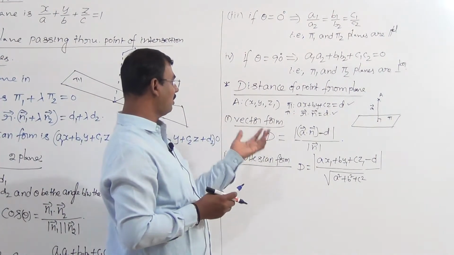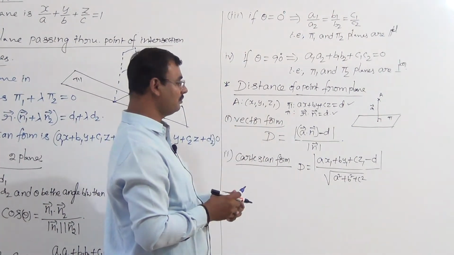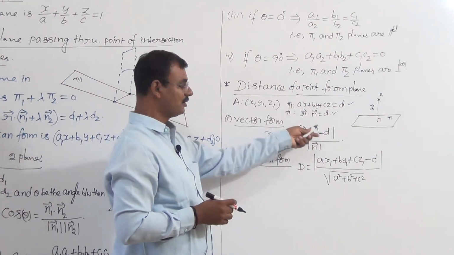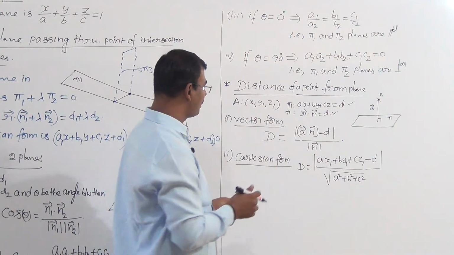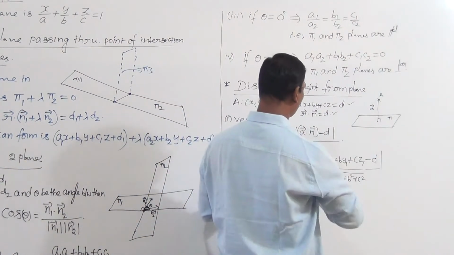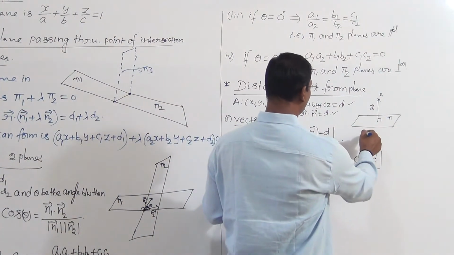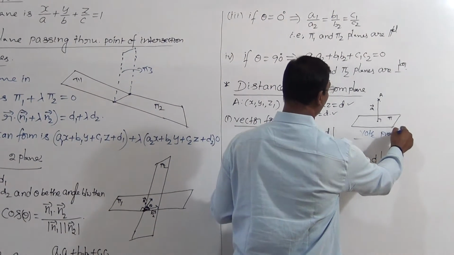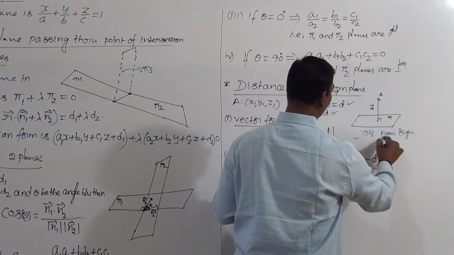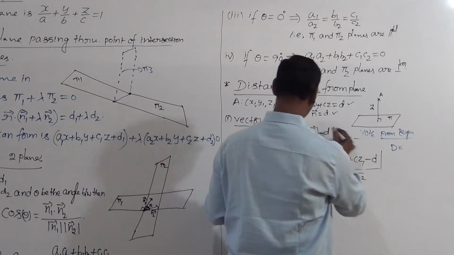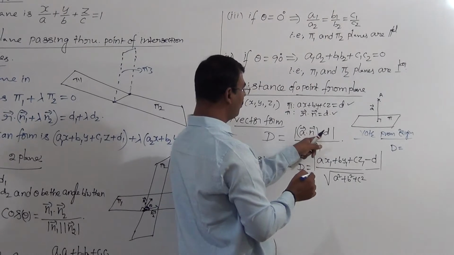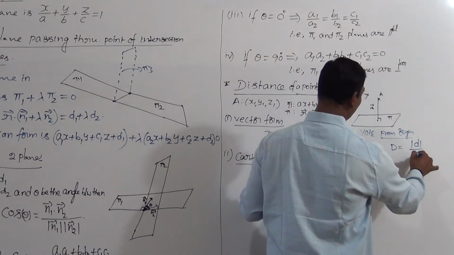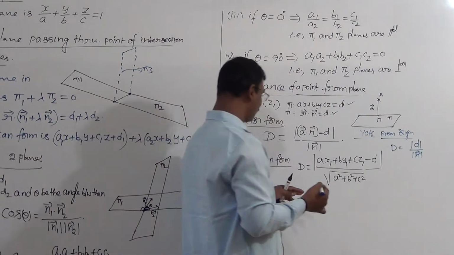Suppose the origin is given, if the point becomes the origin, what is the distance? This point becomes 0. From the origin to the plane, the distance formula is magnitude of d divided by magnitude of n vector.